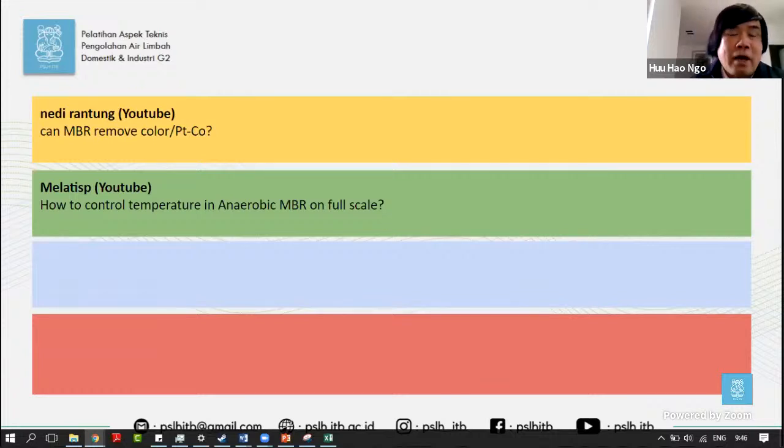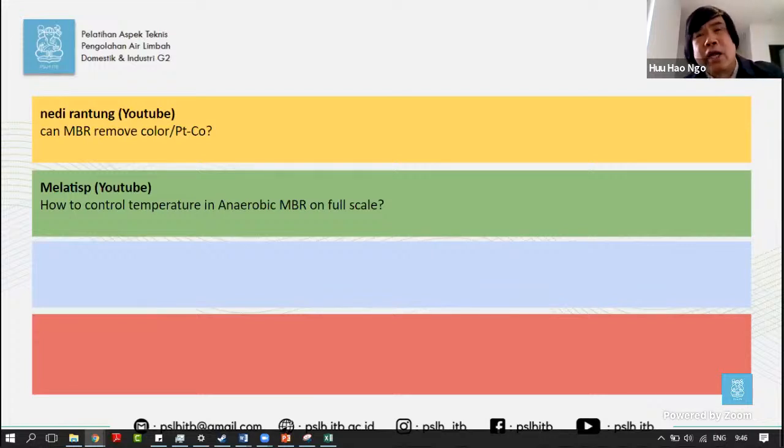That kind of MBR, either aerobic or anaerobic, will work well to remove color from wastewater or water. This is what I suggest. And because of the membrane, as you see, for true color and apparent color, it depends on the size of the solids in there.